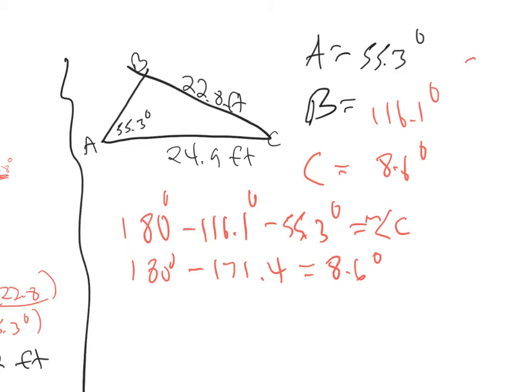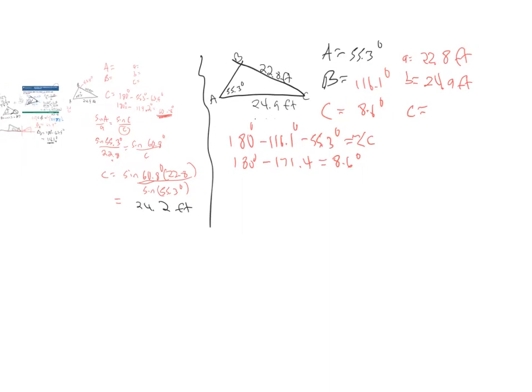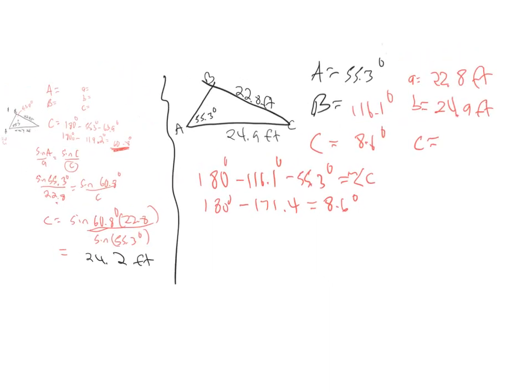Side A was given, 22.8 feet. Side B was given, 24.9 feet. C, again, I don't have, so it's law of sines again. So I'm going to stay true. Sine of A over A, because that was a given pair.